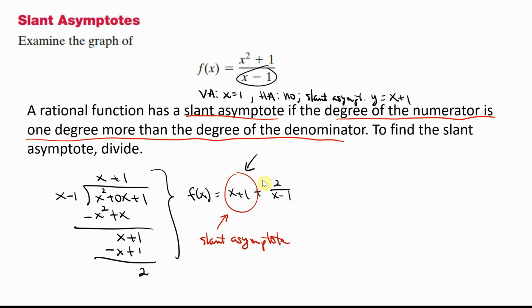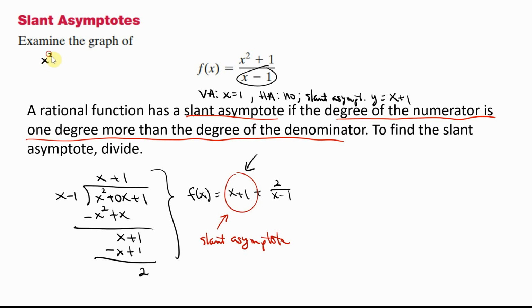Okay. Partition the number line based on these critical x values. We got the vertical asymptote, but we don't have the x-intercept. So let's see if we can find the x-intercept. X-intercept means set the function equal to 0.